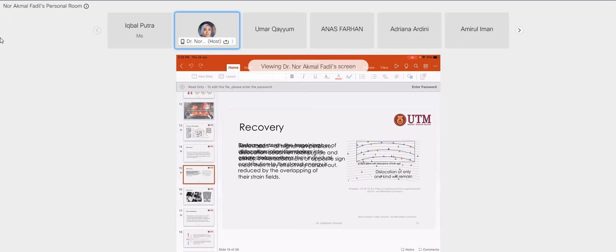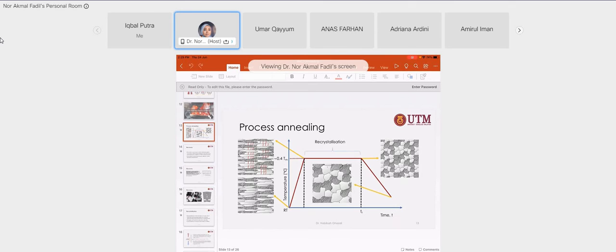The first stage before recrystallization is recovery. So the atoms will rearrange because there is a slight energy, but it's not enough to form a recrystallization. So the range of temperature from room temperature to 0.4 of the melting temperature is the recovery process. Okay, not yet recrystallization.